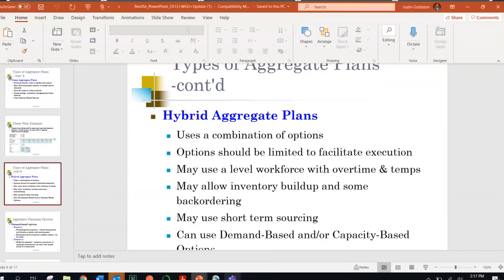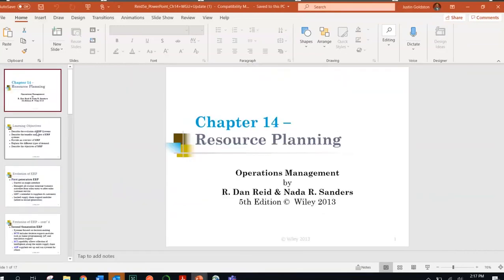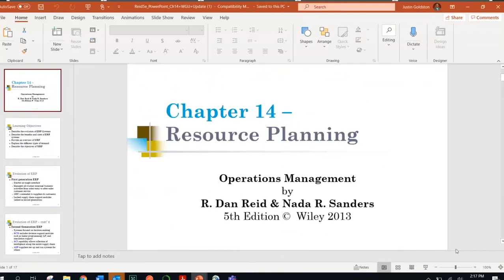So now we're going to move on to resource planning. Within resource planning, and again, this is Chapter 14, these are from the PowerPoints within Wiley Plus.